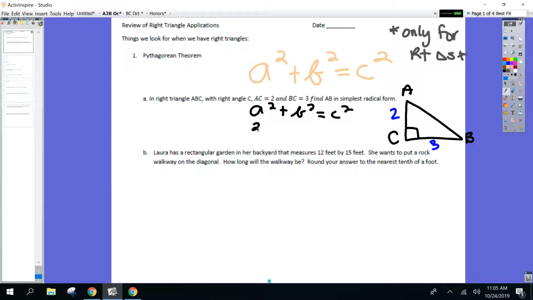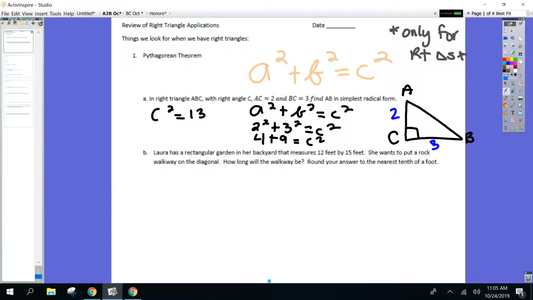There you go. So 2 squared plus 3 squared equals c squared. 4 plus 9 equals c squared. c squared equals 13.